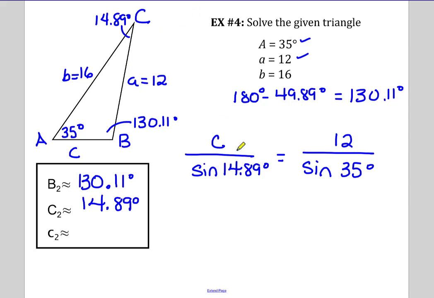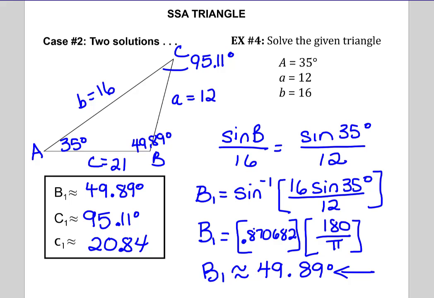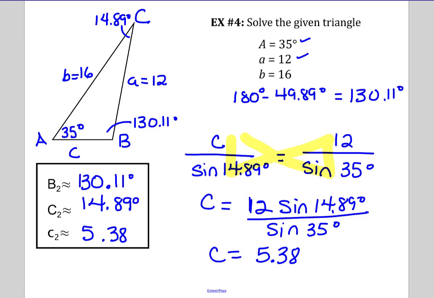And once again, using our magic highlighter here, that's the path we're following. So to find little c, we want 12 times the sine of 14.89 divided by the sine of 35. And that looks like 5.38 on my calculator. So this one we had two triangles. One where the first angle was 49.89, and then the second one where it was 130.11.